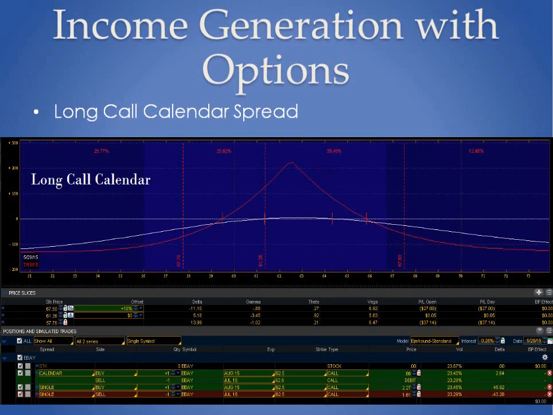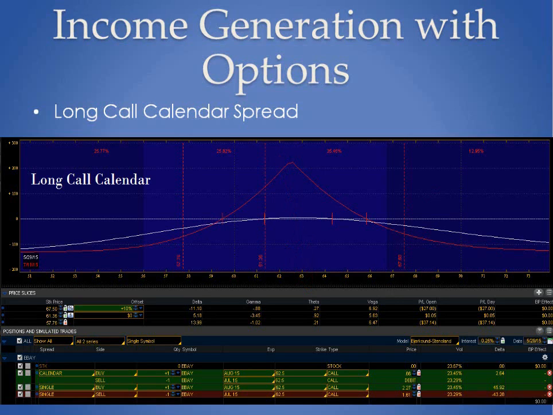But having said that, volatility, you can see right here, will expand and contract as the life of this strategy goes on, and the theta will also contract as the life of this strategy goes on. So how quickly those happen is really going to affect your break even.